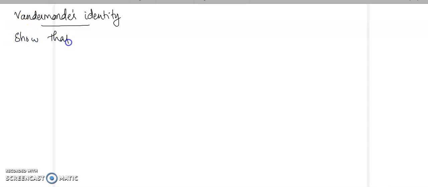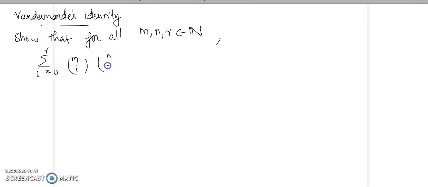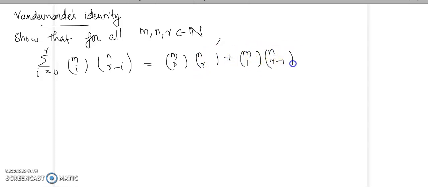Show that for all m, n, r belonging to N, summation i equal to 0 to r of mCi n C(r-i) is equal to mC0 nCr plus mC1 nC(r-1) plus etc. up to mCr nC0. We need to show that this is equal to (m+n)Cr. So this is called Vandermonde's identity.